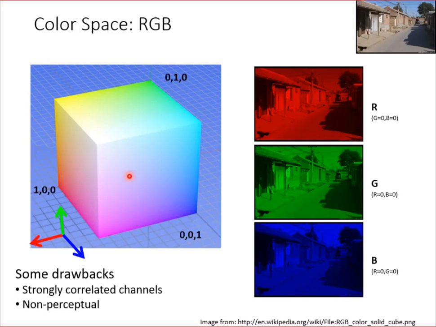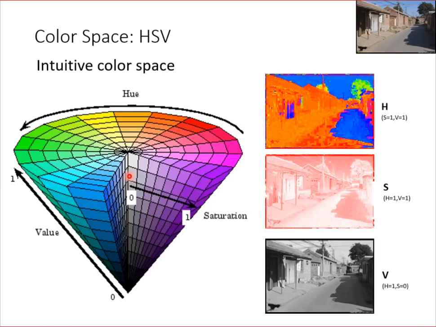We don't need very accurate color data. So RGB is the intensity for every pixel.